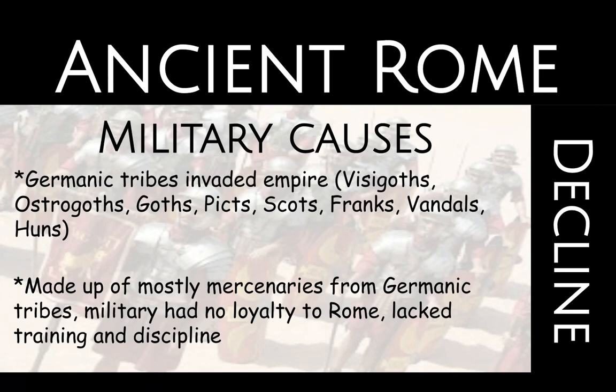Another reason why the military led to the decline of the empire is because by the end, the military was made up mostly of paid mercenaries. Mercenaries are soldiers who are paid to fight. They are not Roman. They were made up mostly of Germanic tribes, the same people that were trying to invade.